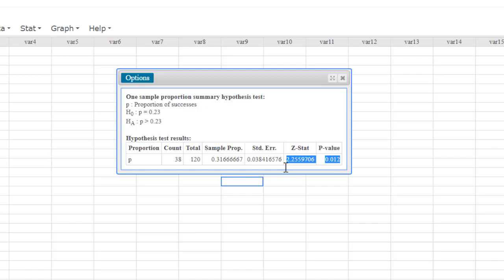Specifically, our Z-score is 2.26. And our p-value is 0.012. So that is basically how many tick marks to the right our p-hat was. And again, what was this shaded area to the right? A very small probability here at 0.012.